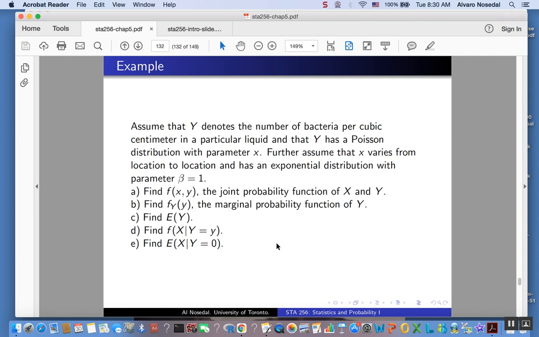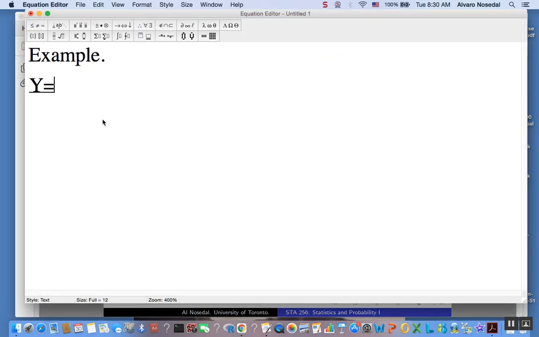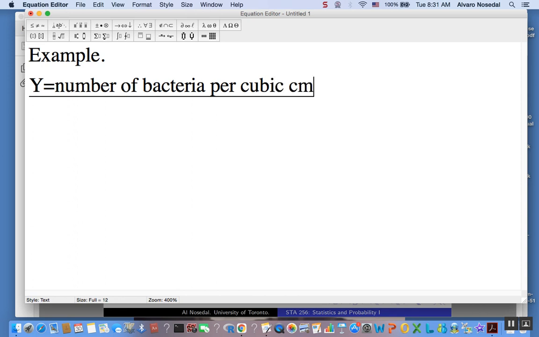Note that since y denotes a number, it could be 0, 1, 2, 3, or 1000. So the possible values for that random variable y are going to be integers, 0 and positive integers. So we have the number of bacteria per cubic centimeter.